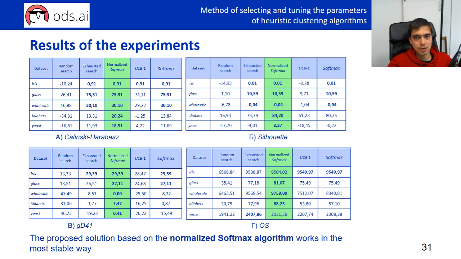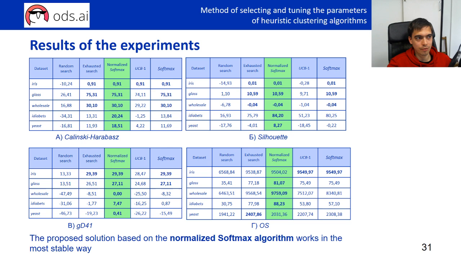From the results of the experiments, we can conclude that the proposed solution based on the normalized softmax algorithm that we mentioned earlier works stably in most cases. So it's the most stable algorithm.